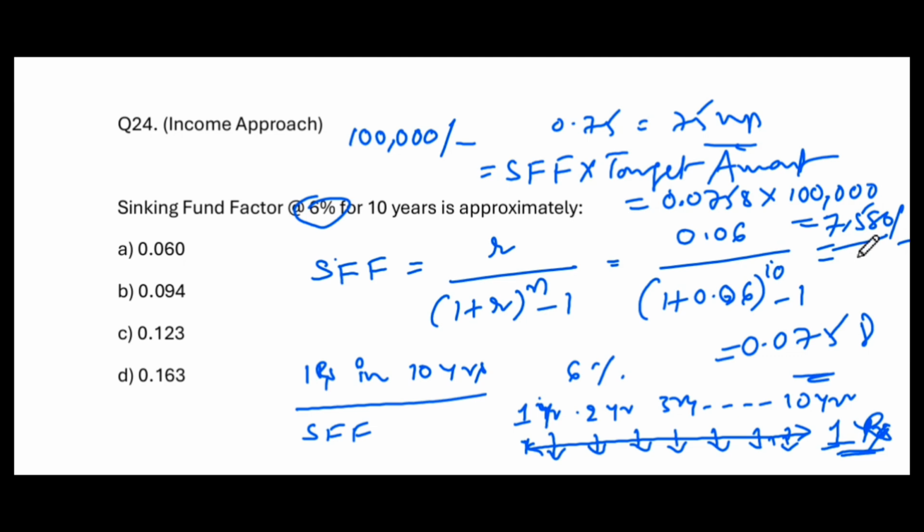What is that 7,580 rupees? I have to deposit 7,580 rupees in the account every year annually without any break. After 10 years, I will get an amount of 1 lakh. But I deposit only 75,800 rupees over 10 years, and the remaining 24,000 odd is compound interest I got, for successive annual payments.